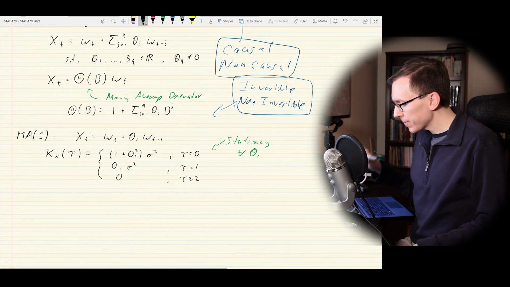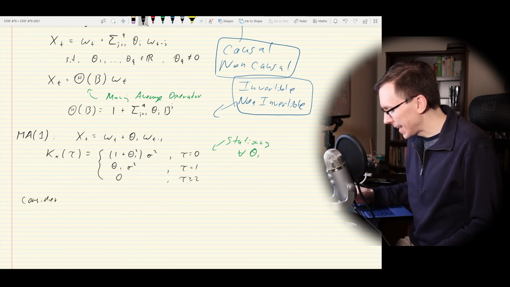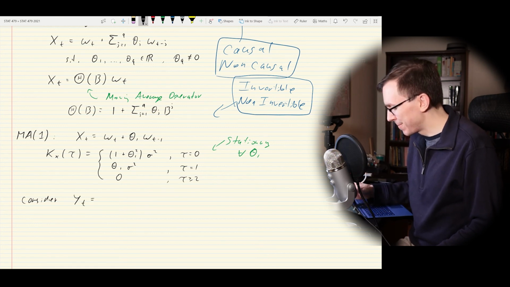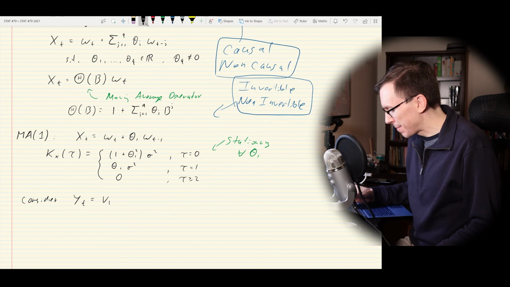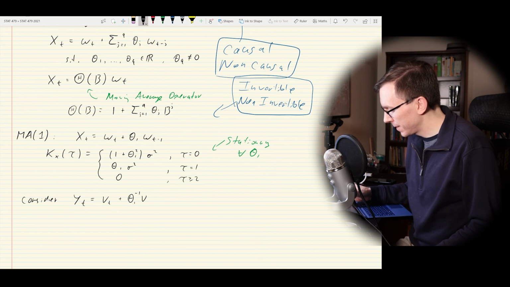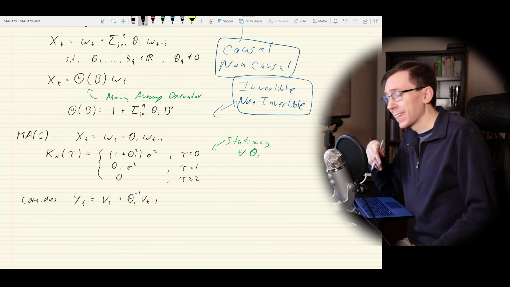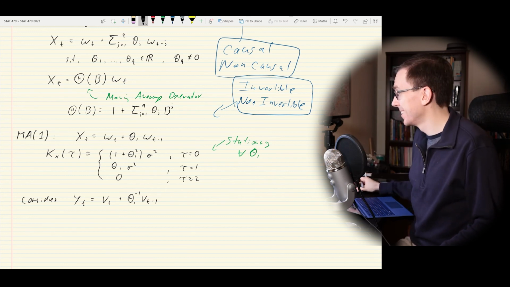And once again, we can also consider the process y_t. You can kind of guess where I'm going here. I'm going to write down something that's mathematically, or stochastically I guess, equivalent, if we want to say it that way: y_t = v_t + theta_1 inverse v_{t-1}. Another typo. I really got to work on these notes.